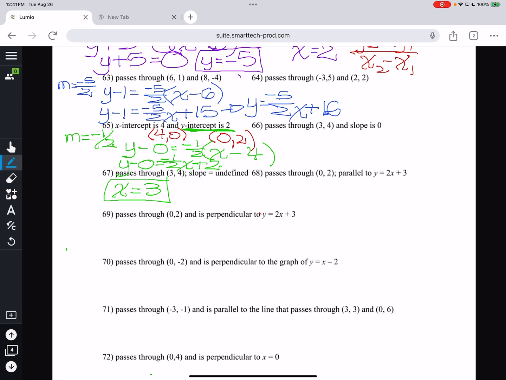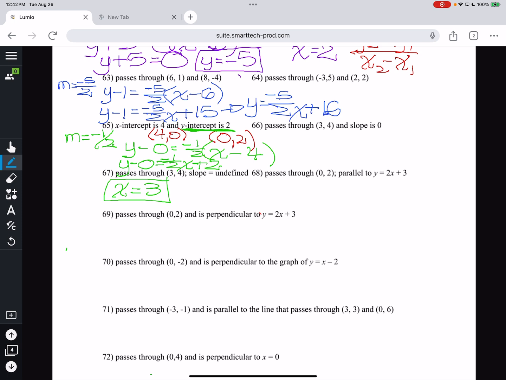All right. 69. It says it passes through 0, 2, and is perpendicular to y equals 2x plus 3. What do we do with perpendicular? How do we even tackle that? If you said you switch the slope, first we've got to know what the slope is.